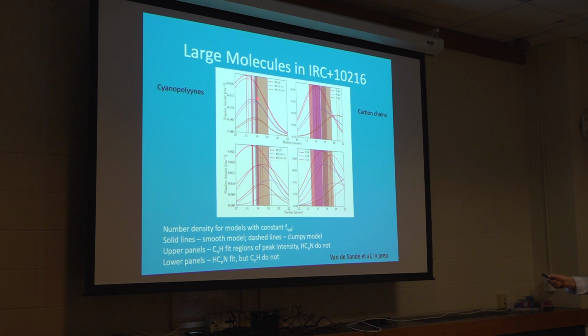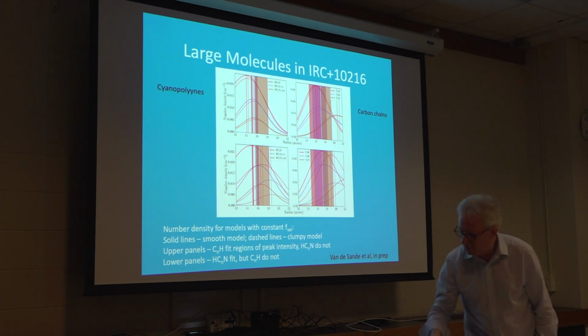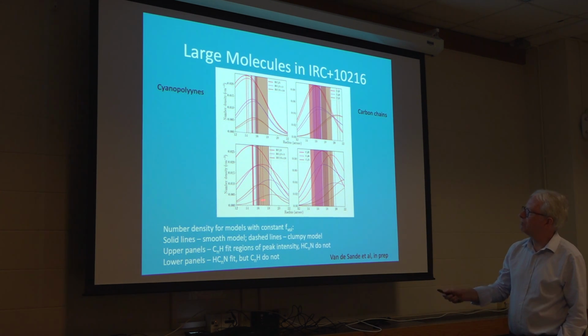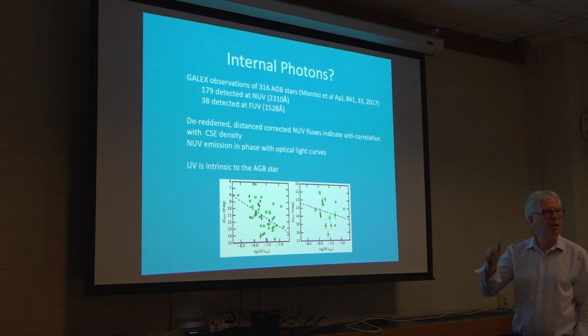The lines are just our model lines, and the colors are where these different molecules sit with their uncertainties, where their peak emission is. And if we fit the cyanopolynes, then we didn't fit the hydrocarbons. So there's lots of work still to do, but we're still trying to figure out how to put rings and clumps all together in some model.